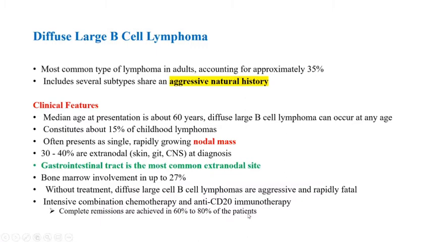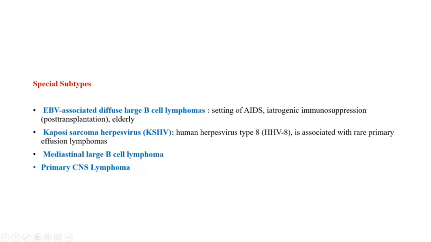There are many subtypes of large cell lymphoma, depending upon the etiology. It can be Epstein-Barr virus associated diffuse B cell lymphoma. It occurs in the setting of AIDS patients developing lymphoma. It can occur after transplantation, like kidney or cardiac transplantation. They are very prone to develop diffuse large B cell lymphoma, mostly because of Epstein-Barr virus infection.